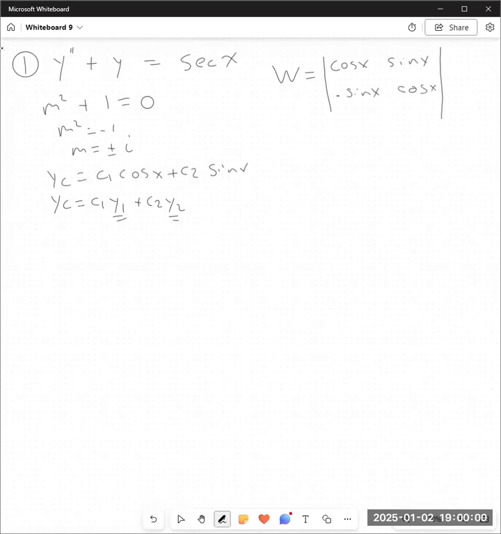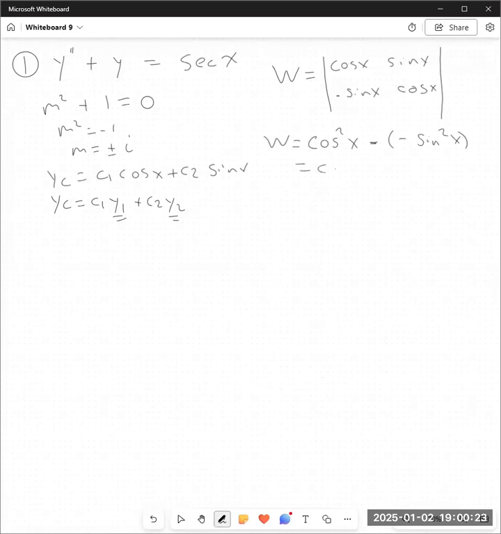Now, if you've never found determinants before, we're going to take the product of this diagonal minus the product of that diagonal there. So this is going to be cosine squared x, and then minus this is going to be negative sine squared x.